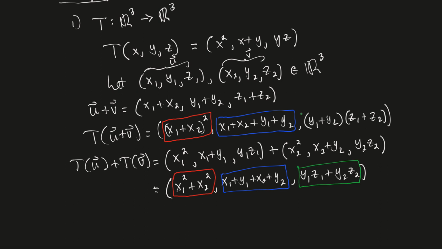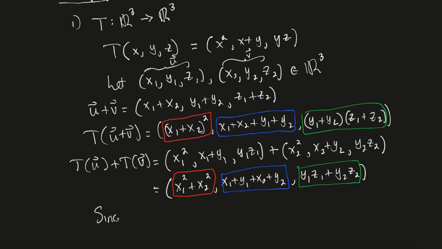So the only components that are always the same are the middle components. Since T of u plus v is not always equal to T of u plus T of v, this transformation is not linear.